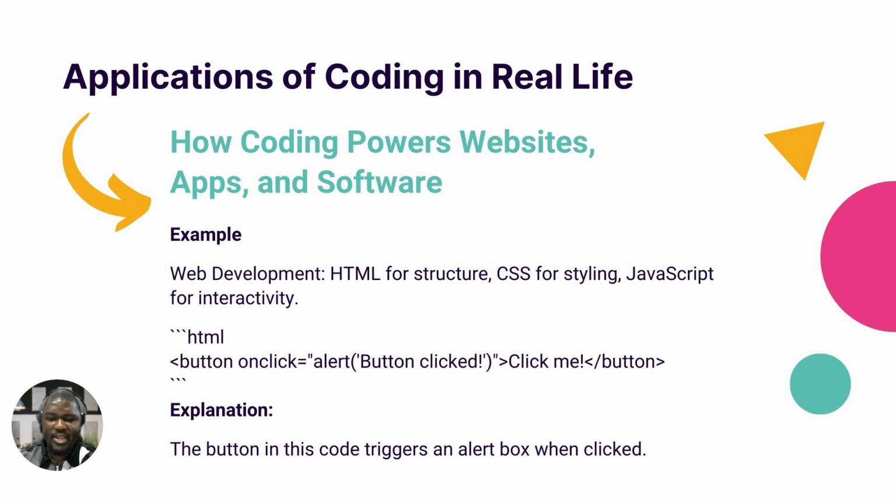It should print that the button has been clicked. This is what you see when you render it on the browser: click on me. When you click on it, it brings an alert, button clicked. Explanation: this button in the code simply triggers an alert box whenever it is clicked.